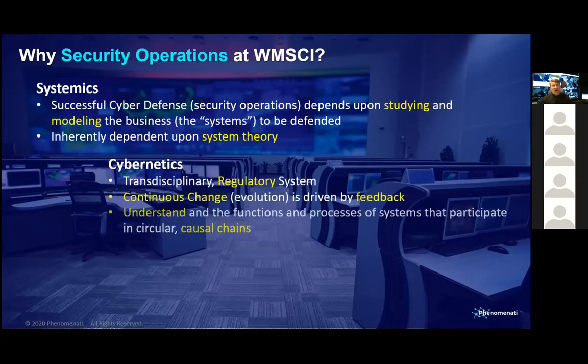Cybernetics is inherently about, of course, regulatory systems. That's what we do with cybersecurity. We regulate the business. We don't regulate the technology. We regulate the business by taking control of the information flow through the business. We continuously evolve our regulatory system through feedback. We have to, because the environment's evolving.